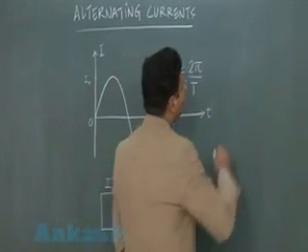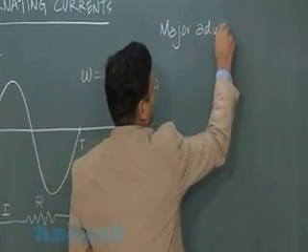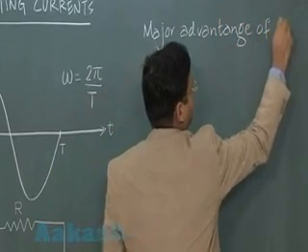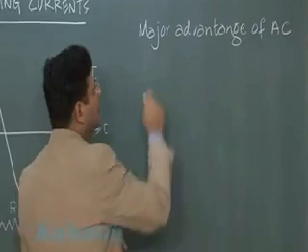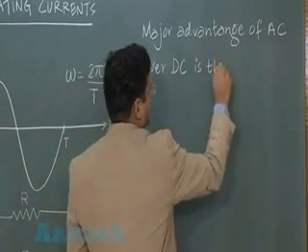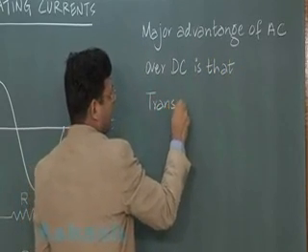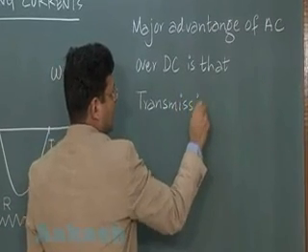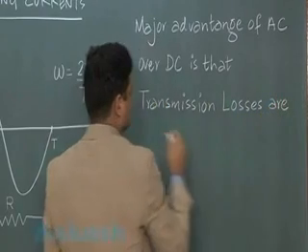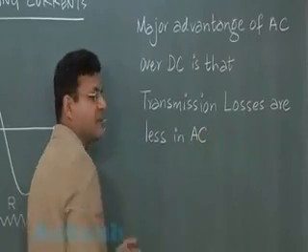The major advantage of alternating current, that I am writing AC over direct current DC, is that transmission losses are less in AC. What is the meaning of transmission losses?